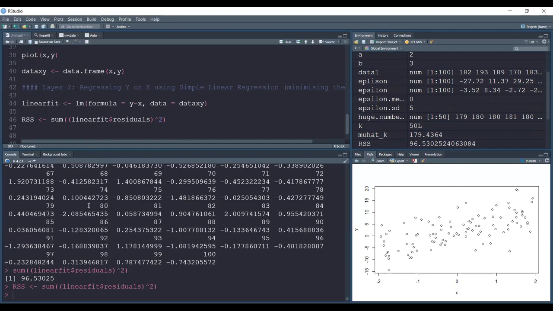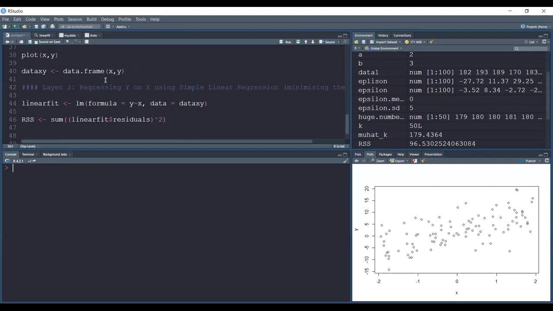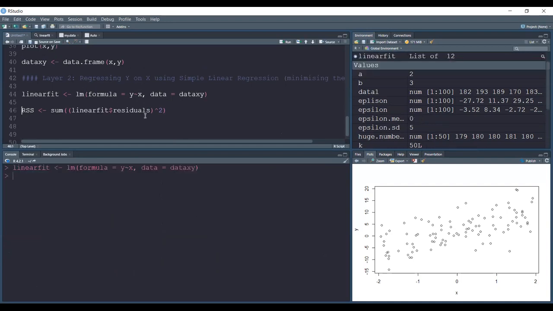So when we have this fit, when we have these 2.067 and 3.120, these two parameters minimize the residual sum of squares. So for this specific data set, you cannot get less than 96.53025.